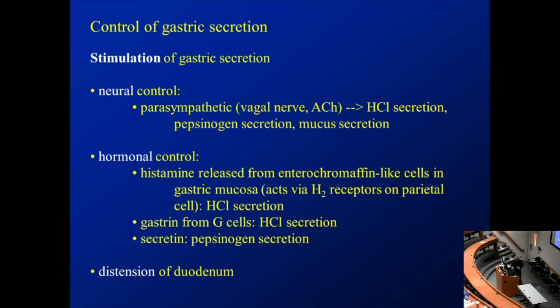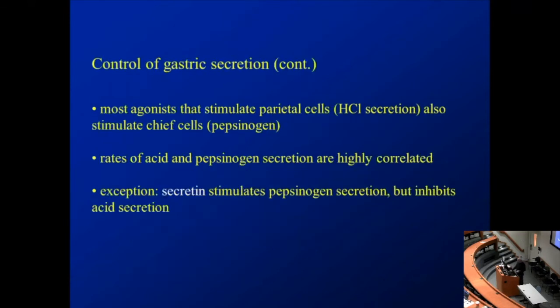So they're in the same location as the glands themselves, so this is a paracrine effect. Gastrin from the G cells stimulates hydrochloric acid secretion, and secretin is mainly responsible, among the hormones, for stimulating pepsinogen secretion. And also distension of the stomach, of the duodenum, at least initially, stimulates the gastric secretions in general.